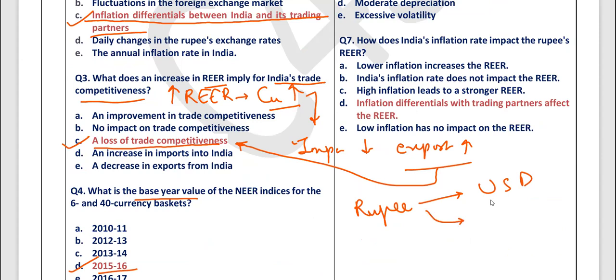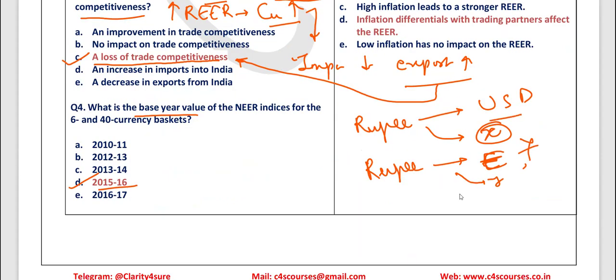Let's suppose it has depreciated against US dollar by X amount, and rupee's depreciation against other currencies, let's suppose euro, yen, is Y. They are saying the depreciation against US dollar X is more than Y.